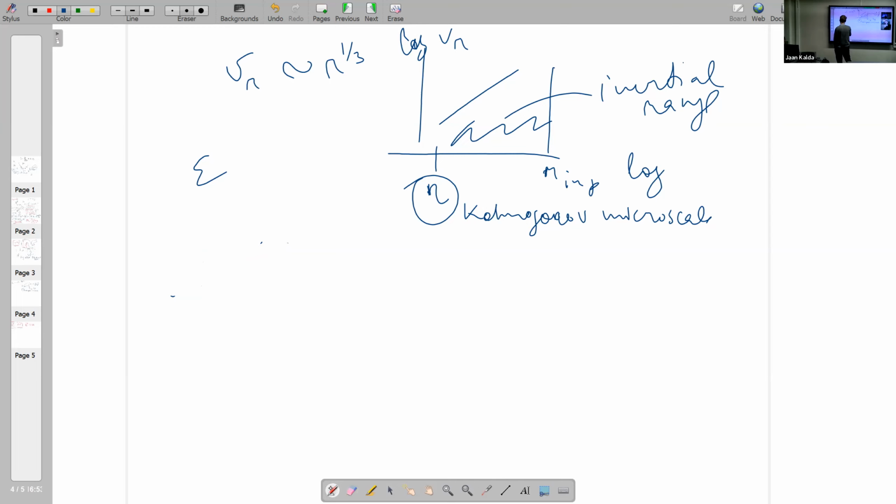It was something like the third order structure function, V(r) cubed, average, goes as 4/5 epsilon.